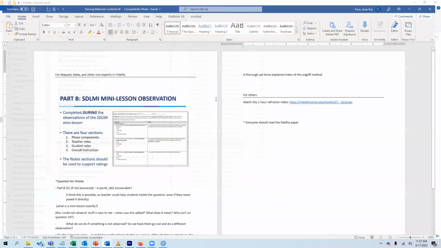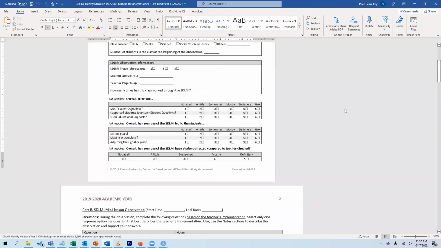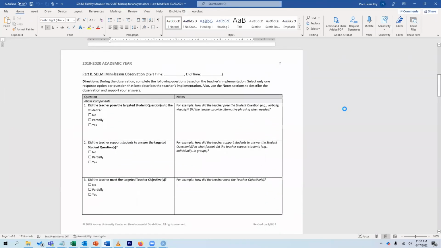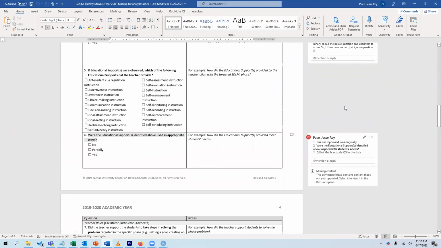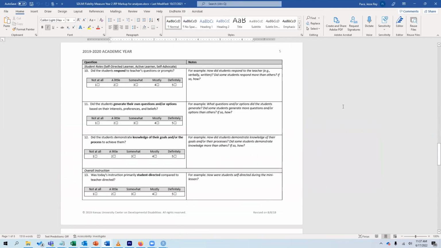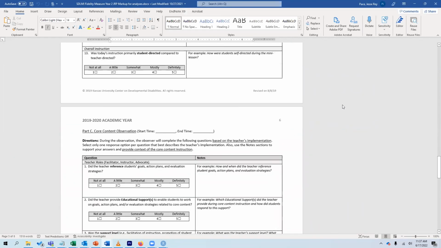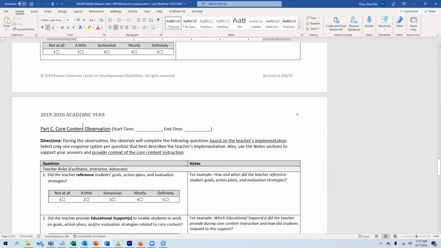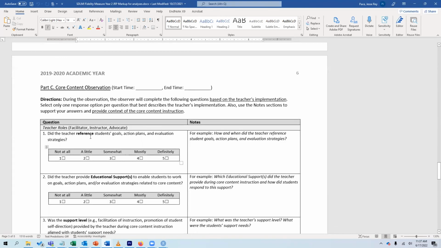I won't use part B since that's what we're actually going to be working on together, because I don't want to put any kind of preconceptions in anyone's mind. So I'll go ahead and pull up part C. Again, we're going to be focusing on part B for the actual standard setting, but let's look at part C.